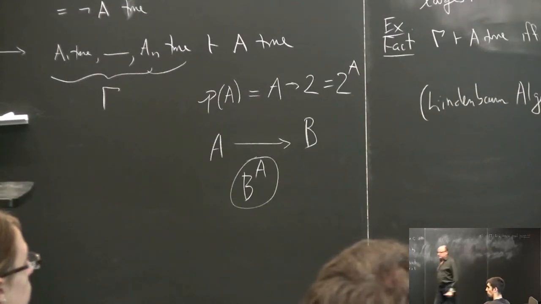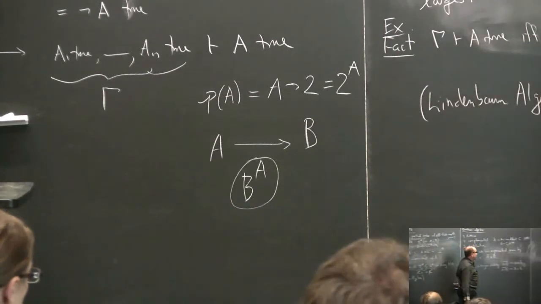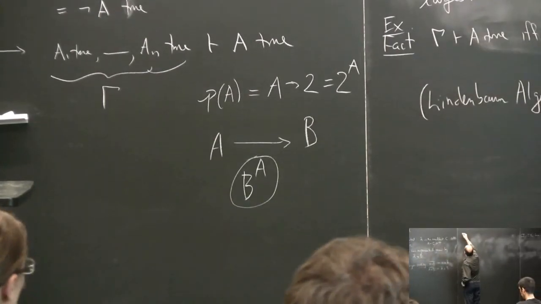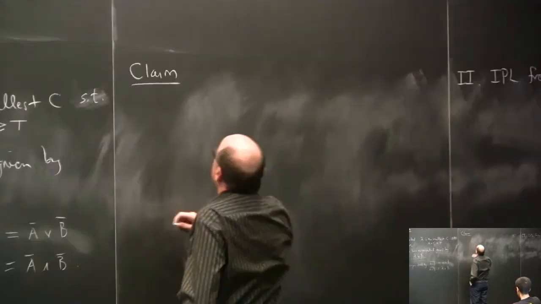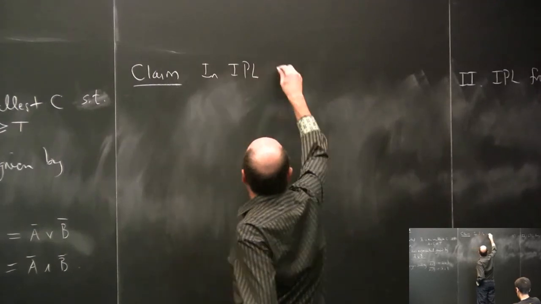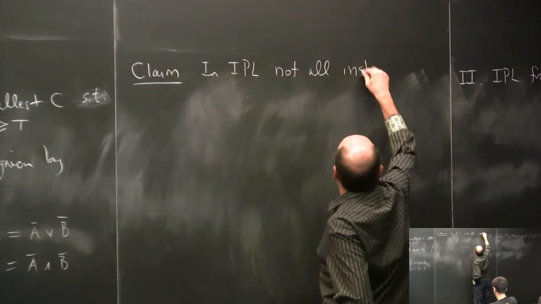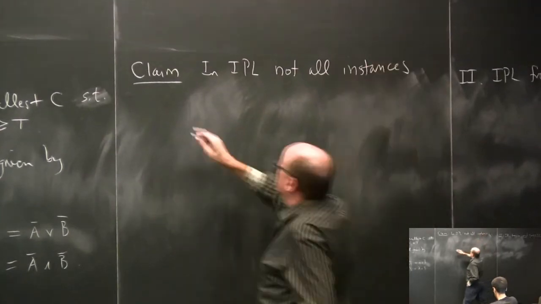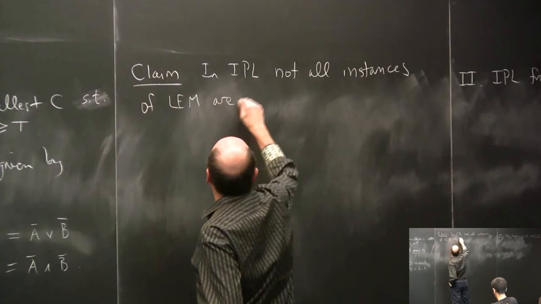Oh yes, here's what I wanted to say, going back to the principle of logic. I'm going to make a claim which has to get proved a little bit later: in IPL, intuitionistic propositional logic, not all instances of the law of the excluded middle are provable.